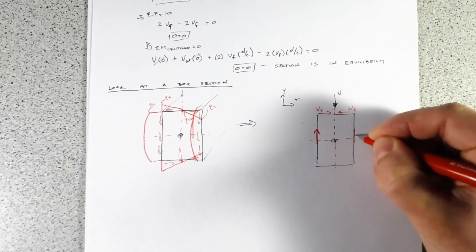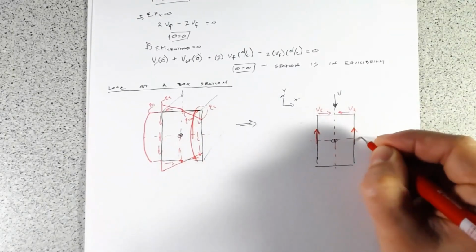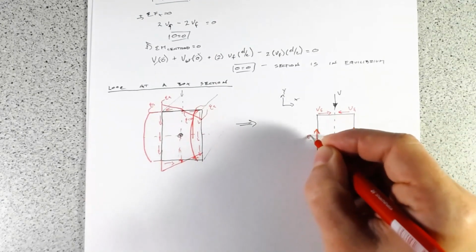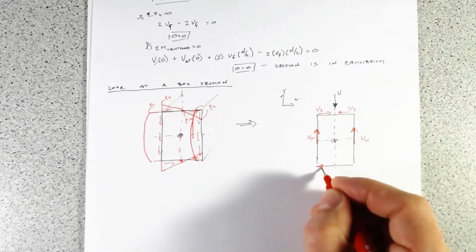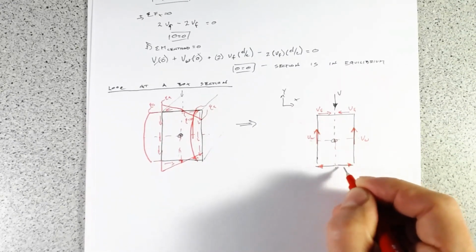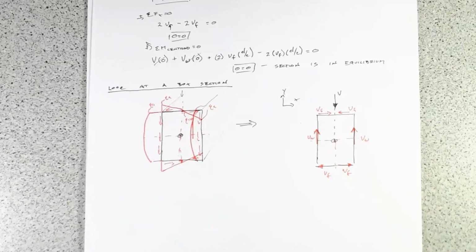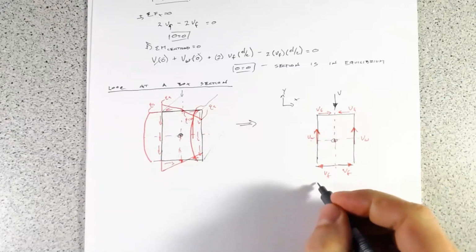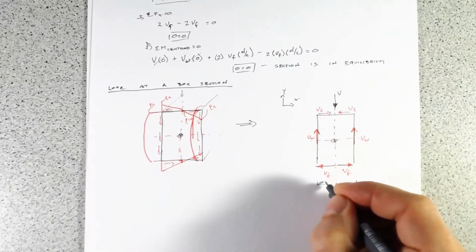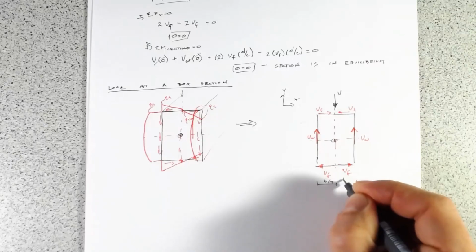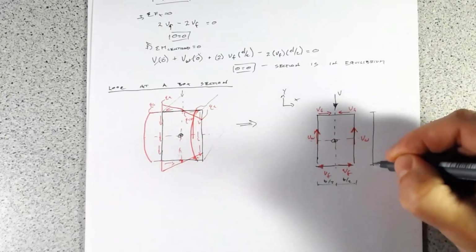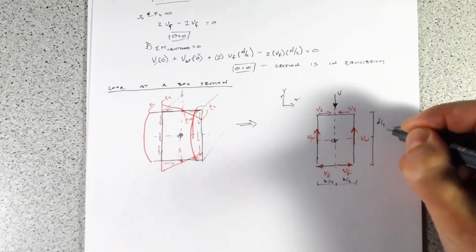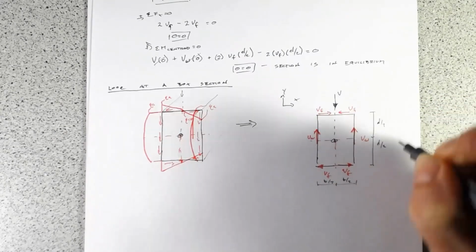And then we've got our V sub W, V sub W, VF, VF, and that's going to be our distance B over 2, B over 2, and then a distance D over 2, D over 2.